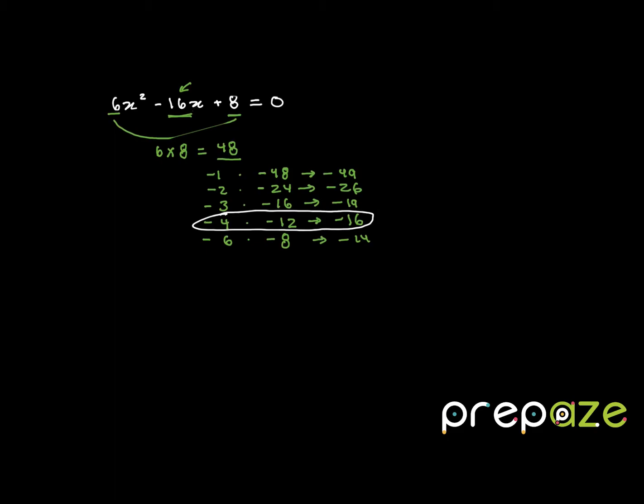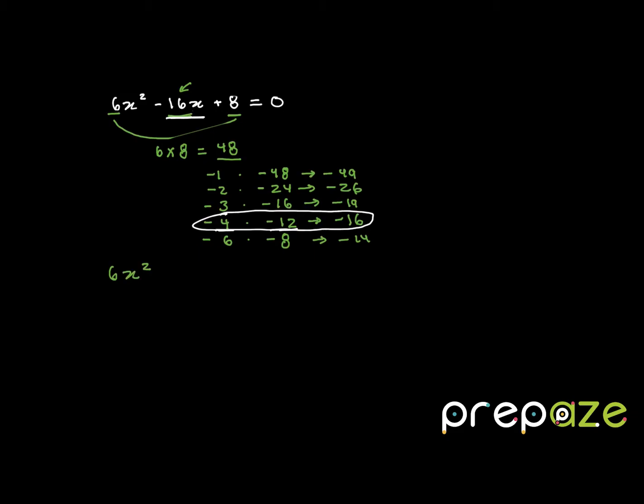So now we're going to basically split this term, the negative 16x, into a sum of two separate terms. And for those terms, these factors, negative 4, negative 12, are going to be the coefficients. So let me show you what I mean. I'm going to keep my 6x squared, just as it already was.